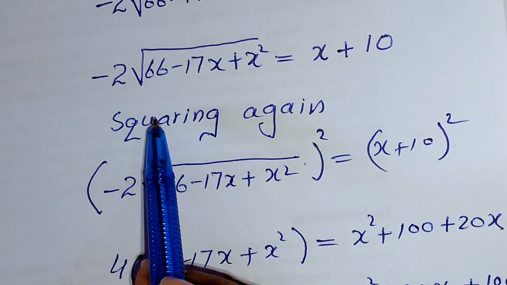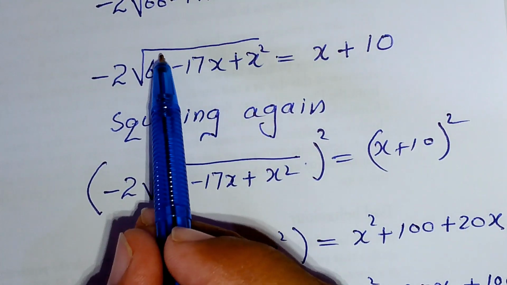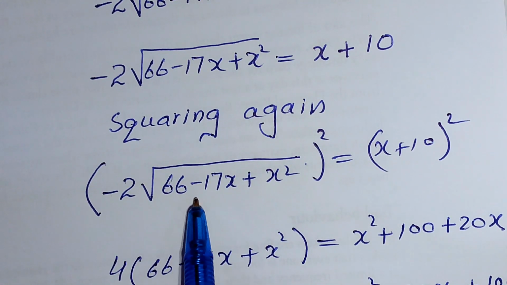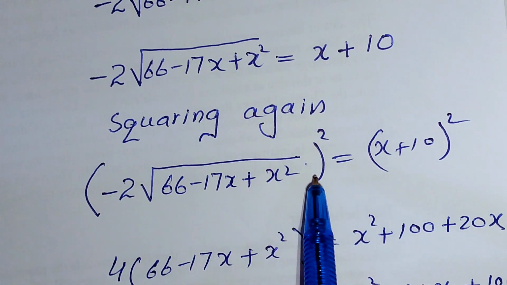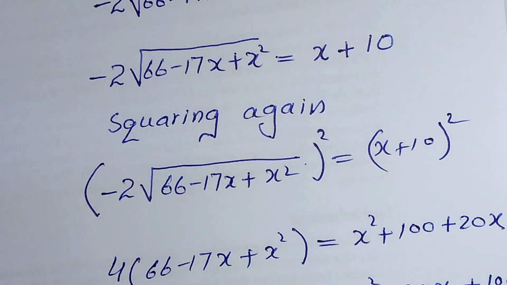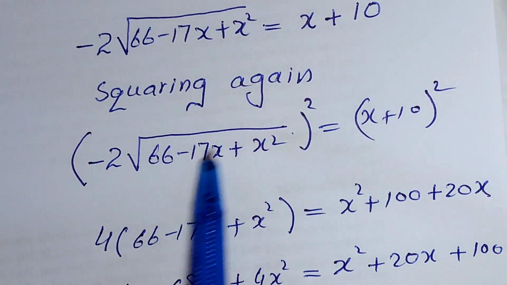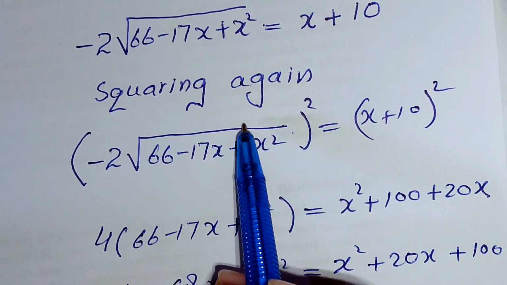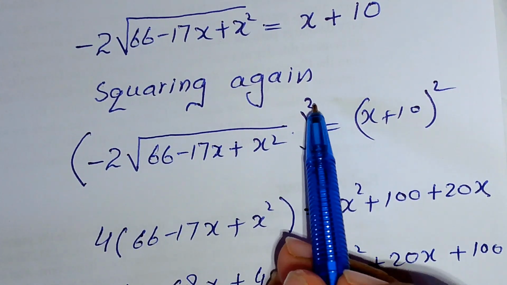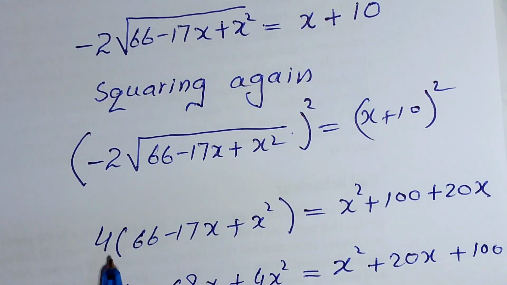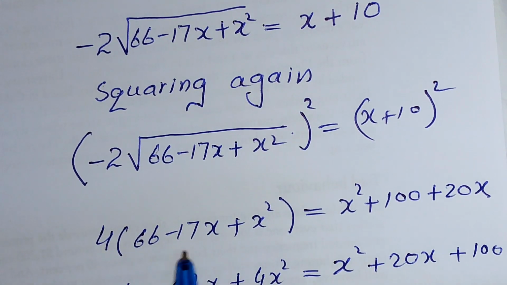Squaring again in order to remove this square root, so minus 2 under root 66 minus 17x plus x square whole square, this will be equal to x plus 10 whole square. And by cancelling this square with the square root, this square is the square of this as well as the square of this value, so it will give us 4 into this value.